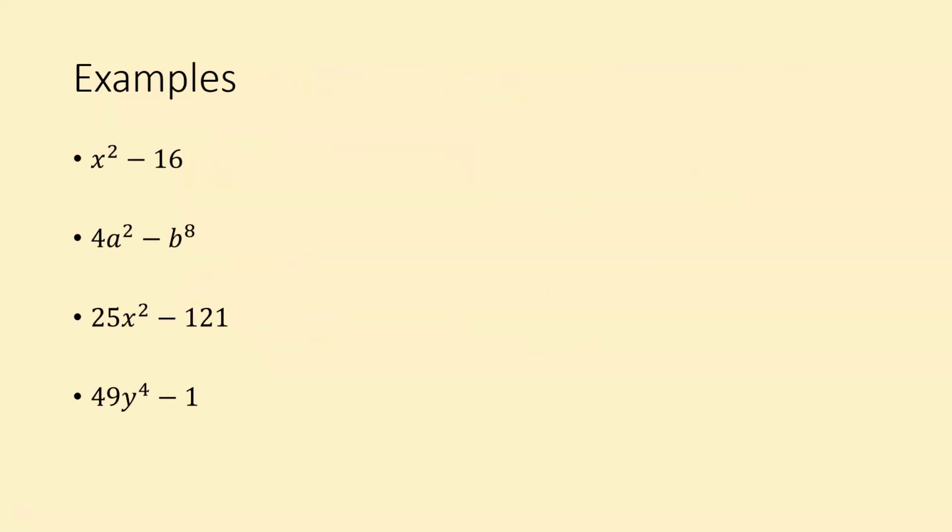I think the trickiest part about difference of perfect squares is just recognizing that something is a difference of perfect squares. Because if you forget about that, then you might see one of these and be like, wait, how do I solve this? But once you recognize that it is a difference of perfect squares, then we can just apply that generalization that we talked about on the last slide.